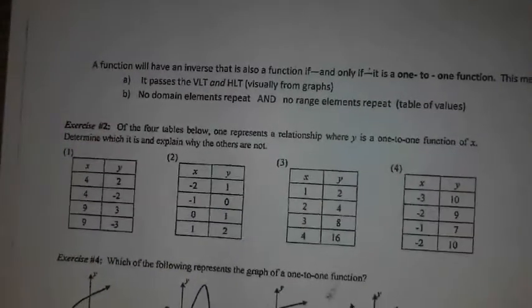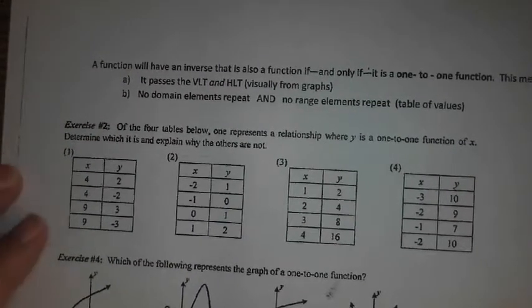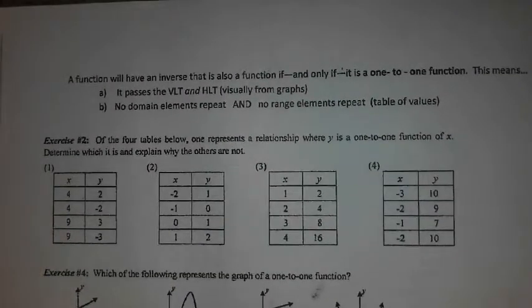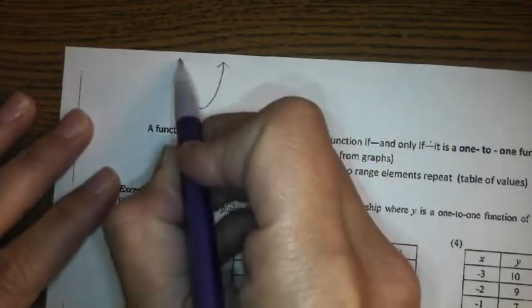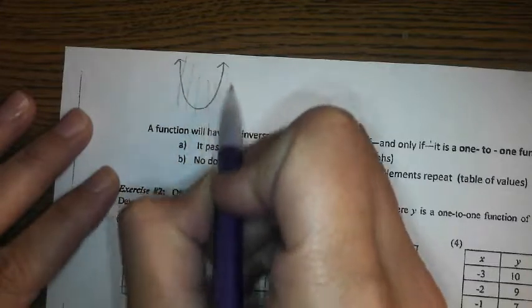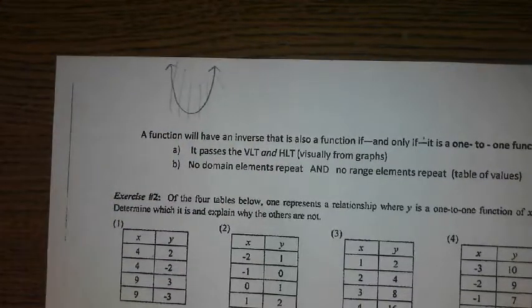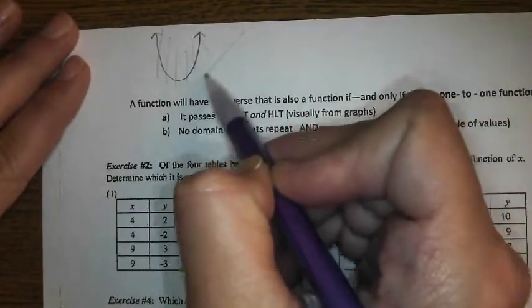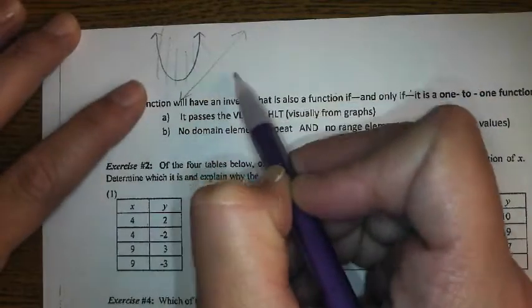Okay, let's flip that over. Obviously, if we start with a function, it passes the vertical line test, yes? When you take the inverse of something, what it does is it reflects it over a diagonal line.